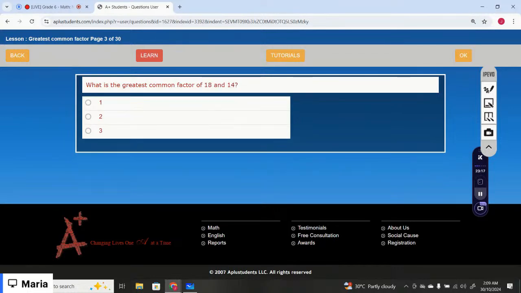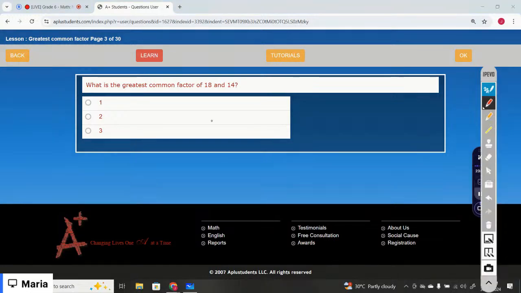What is the greatest common factor of 18 and 14? Let's write down the factors of 18 and 14. Factors of 18 are the numbers that can evenly divide 18. So they are 1, 2, 3, 6, 9, and 18. Then the factors of 14 are 1, 2, 7, and 14.